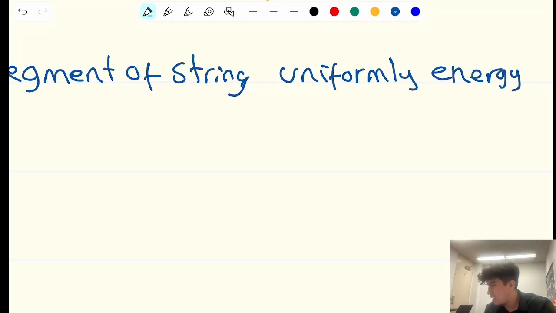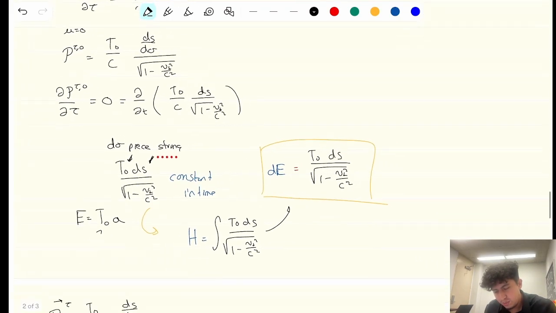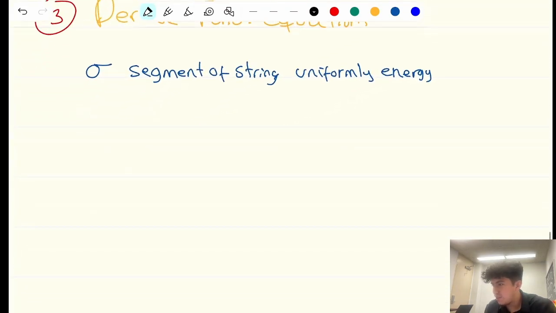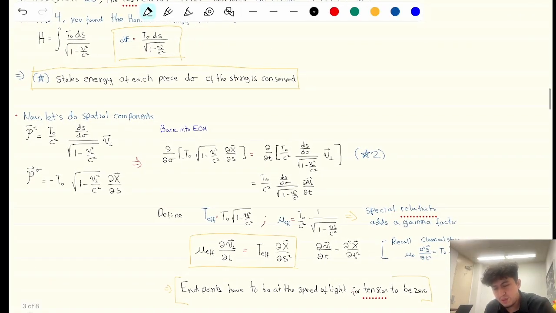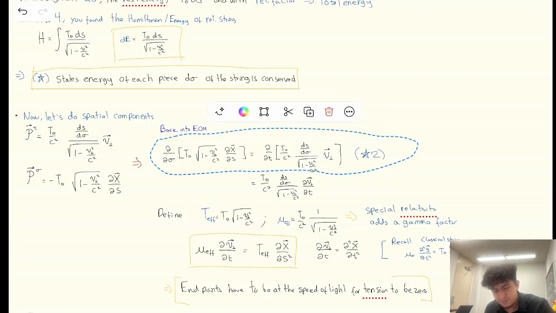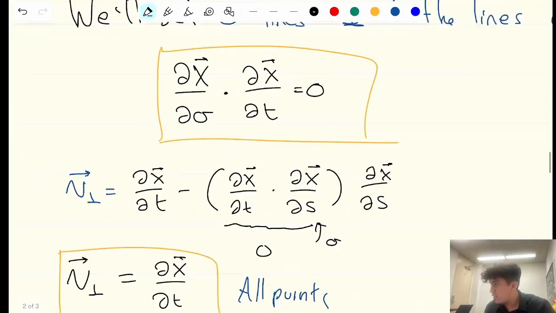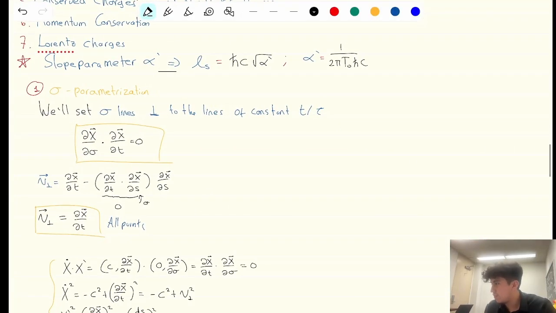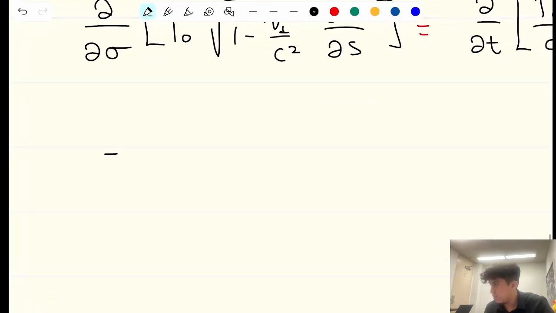So the way we're going to do this, first we can rewrite our equation star 2. Let me call, where's my star 2? Yeah, I should have written this. Okay, cool. Let me just copy it from here. So whenever we plug in these expressions in the equation of motion, then we get this equation. Okay, so from here we can do some simplifications. One of the simplifications we can do is first rewrite it in this way.